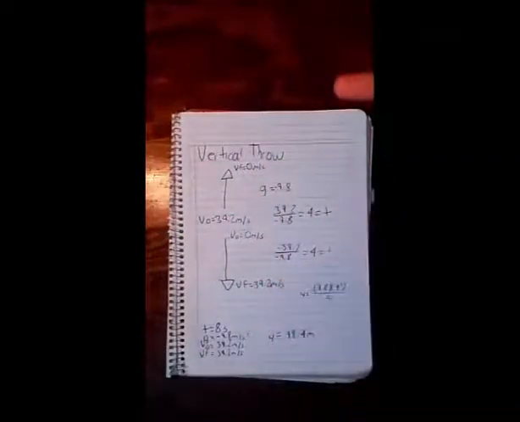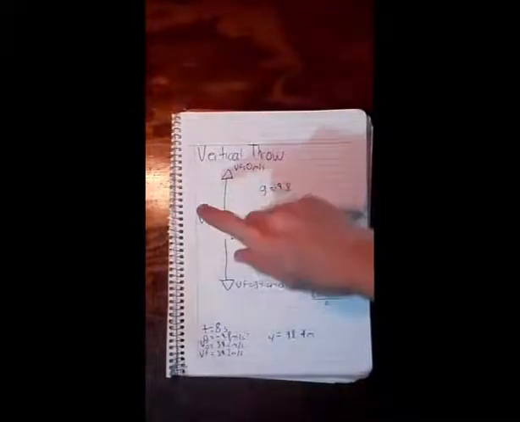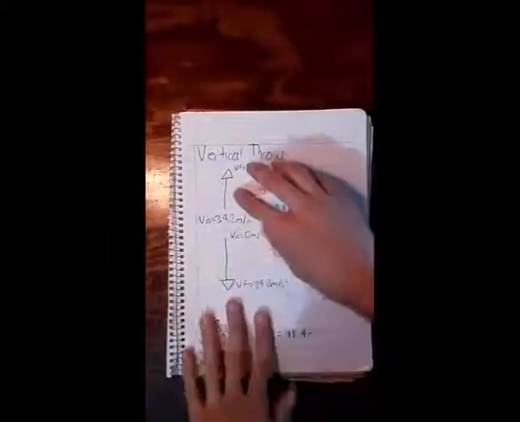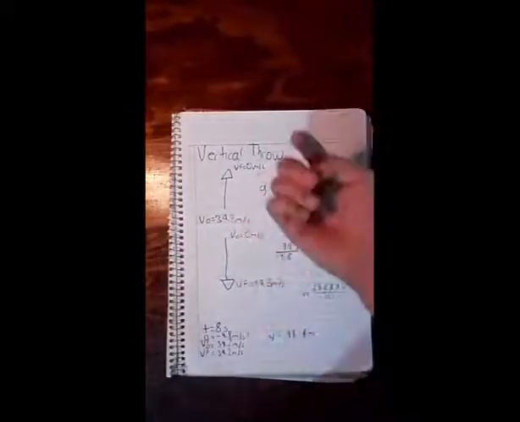Vertical throw. Vertical throw is similar to free fall with the difference that it has an initial velocity that gets reduced by gravity. Gravity in this case is a negative acceleration. To get the data, we can separate the vectors into the vector that goes upward and the vector that goes down.